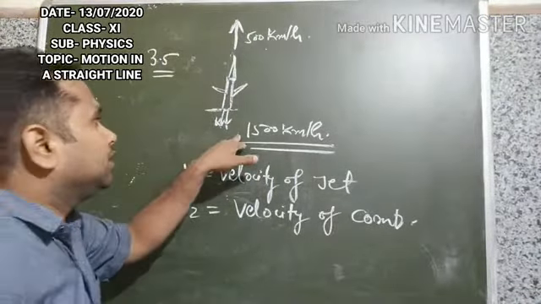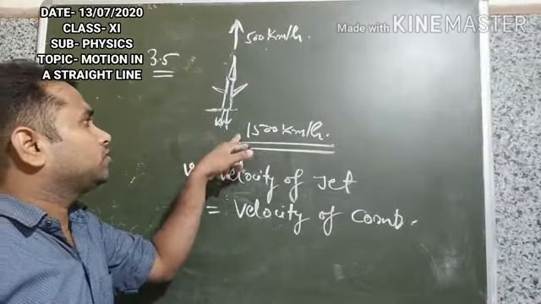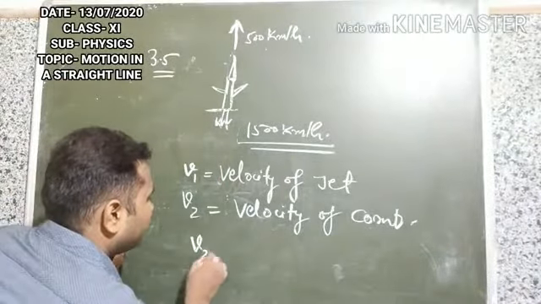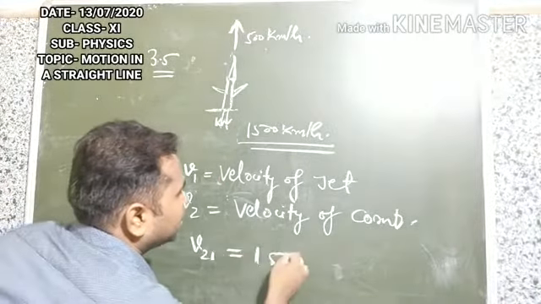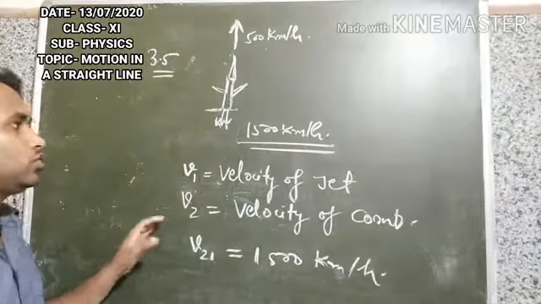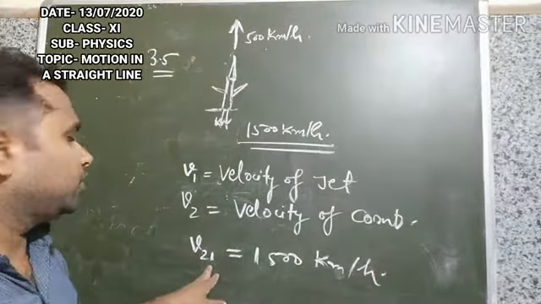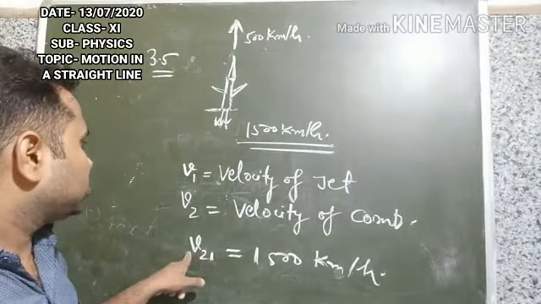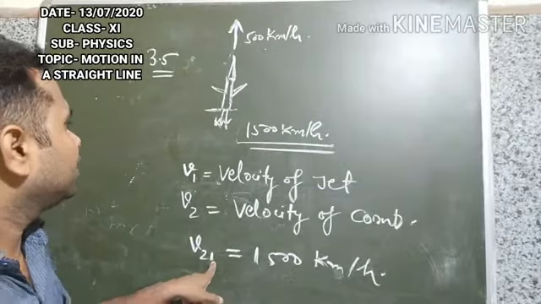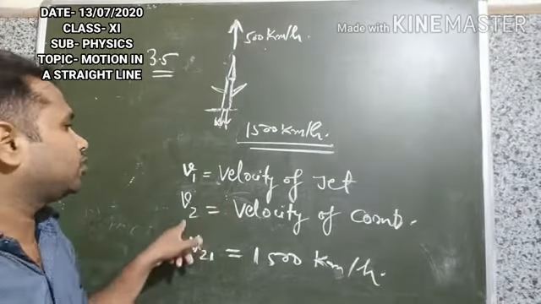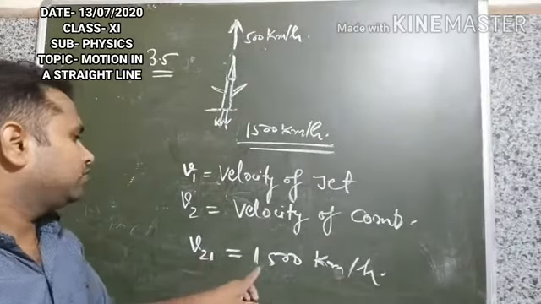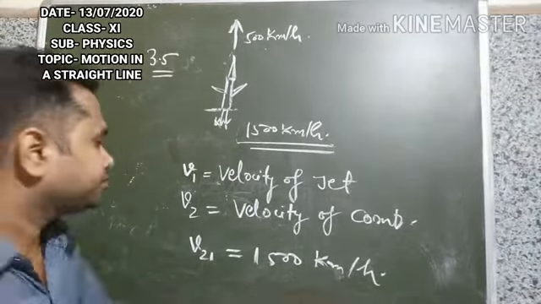This is the velocity of the product of combustion with respect to the jet plane, so it is V21, 1500 km per hour. Try to understand, it is a question of relative velocity. V21 means the velocity of the product of combustion with respect to the jet plane. Here I have taken first for the jet and second for the product of combustion. So V21 is 1500 km per hour.